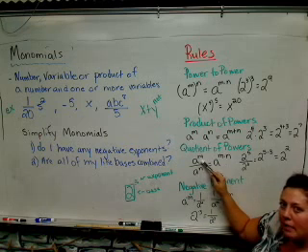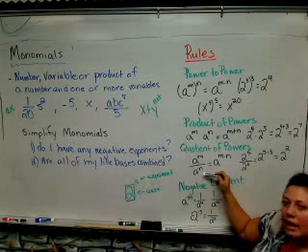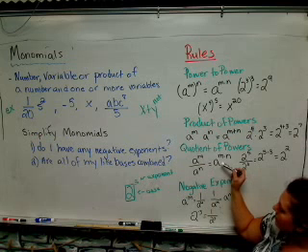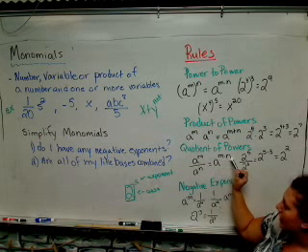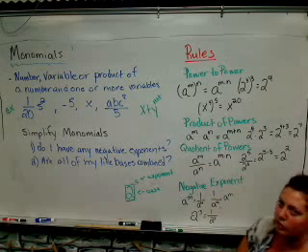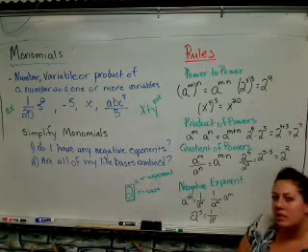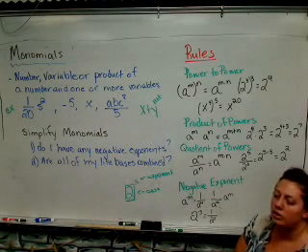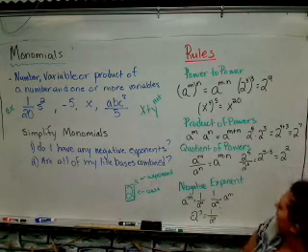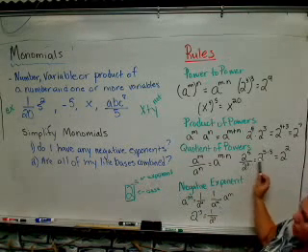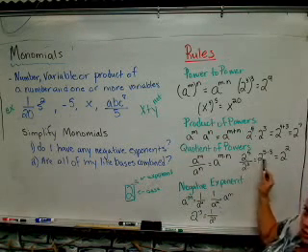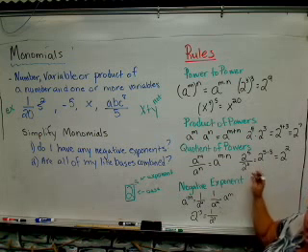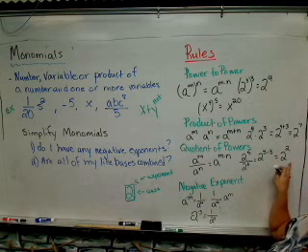So A to the m power divided by A to the n power is the same thing as saying A to the m minus n. So I subtract the exponents, okay? It's an easier rule than simplification, okay? I could write out 2 to the 5th, 5 2's, and 3 2's, and they're going to cancel to be 2 2's, okay?